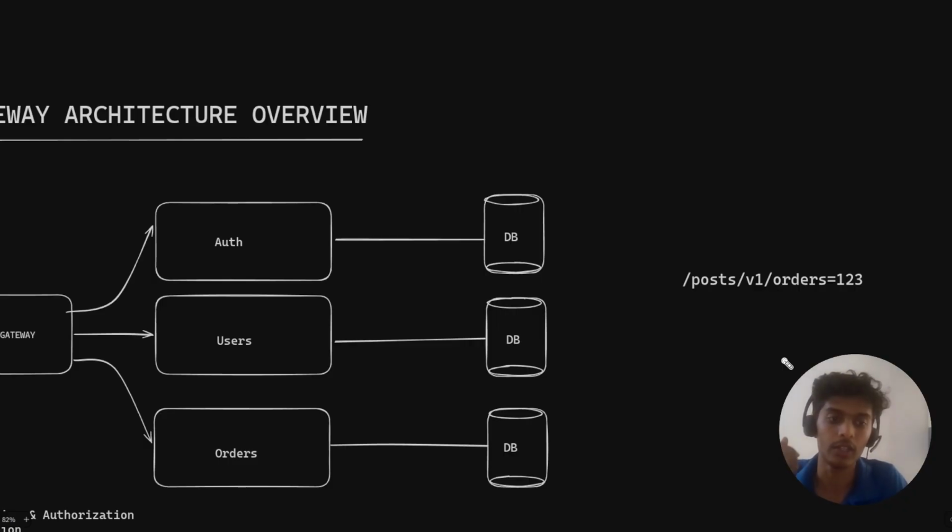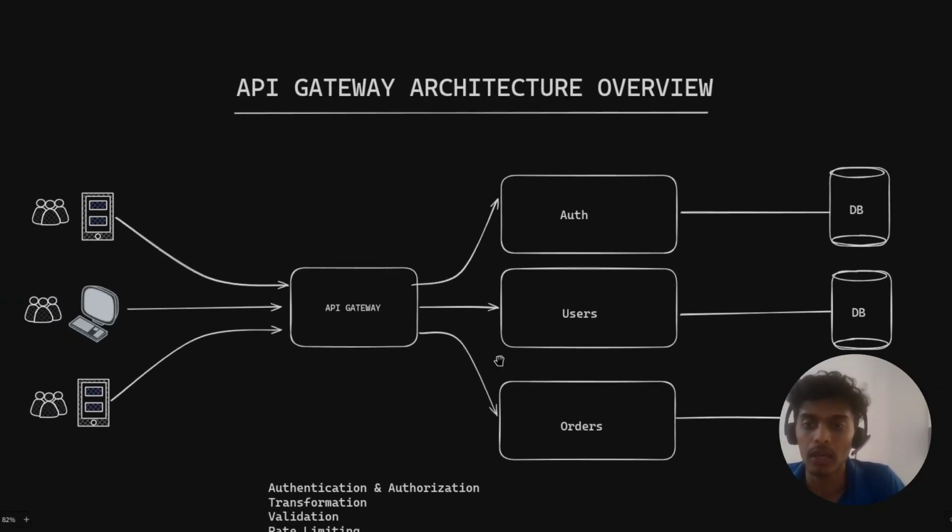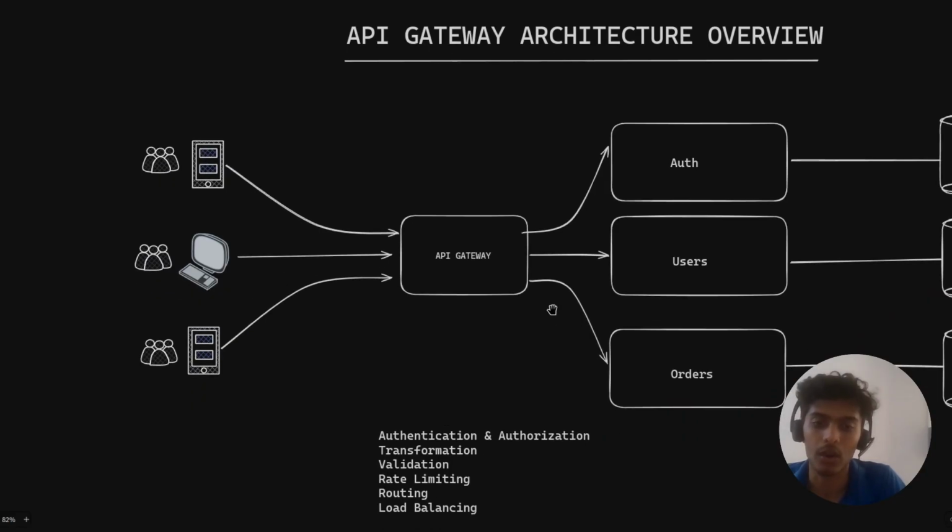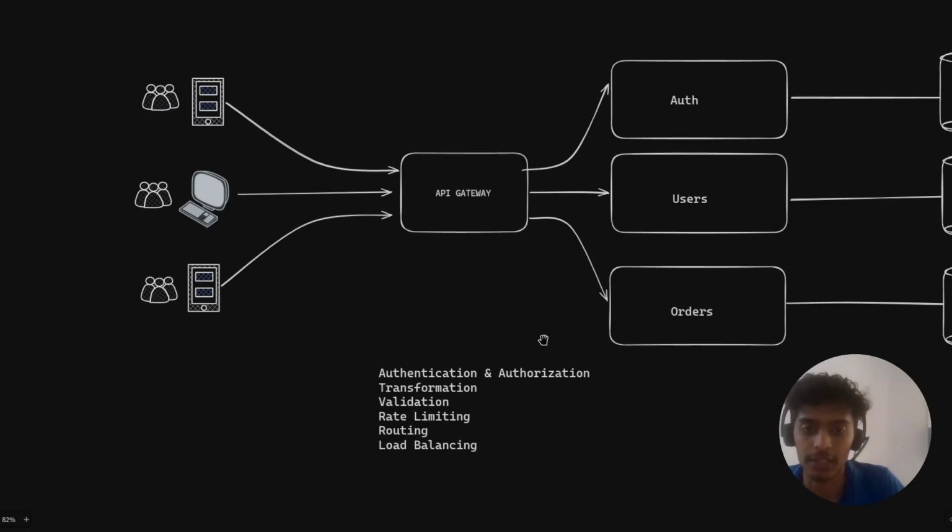So the gateway knows this and it maps to the order service at some internal hostname. Now, in this case, the routing can be simple, like just path-based matching, or it could be very sophisticated, like content-based routing, A/B testing routing. So this is all the information with respect to request routing.